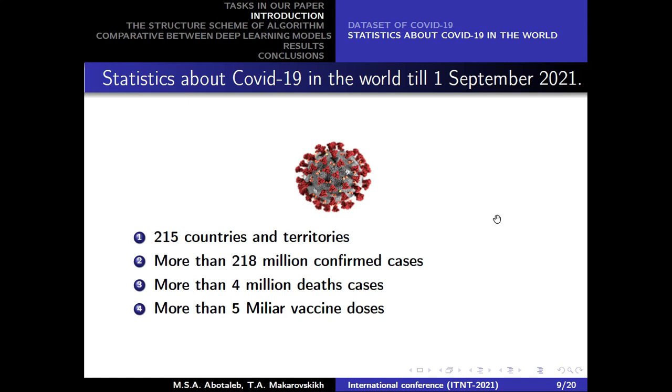Statistics about COVID-19 in the world till the 1st of September 2021: we have 250 countries and territories, more than 280 million confirmed cases, more than 4 million disease cases, and more than 5 million vaccine doses.